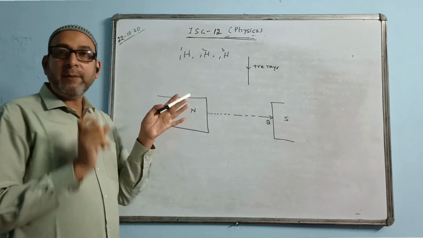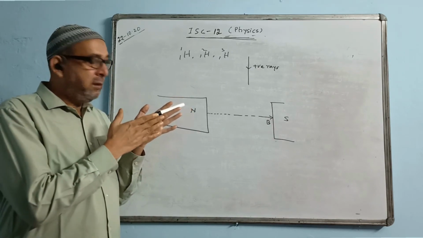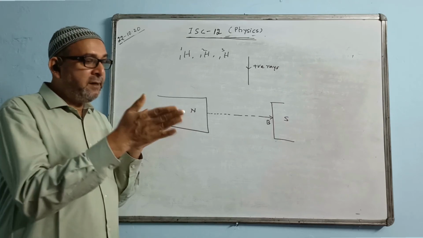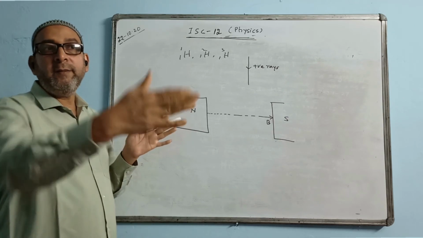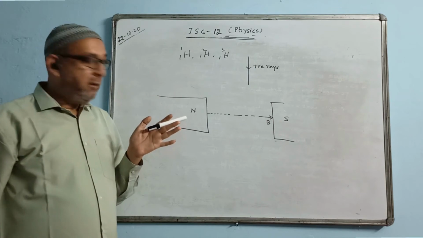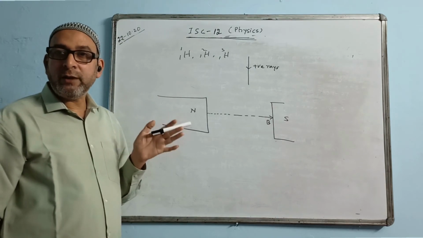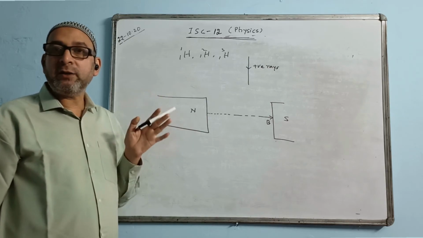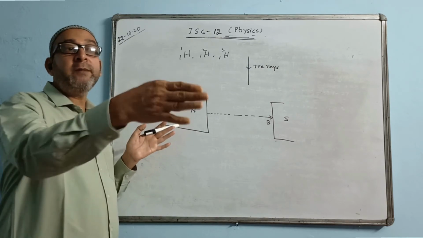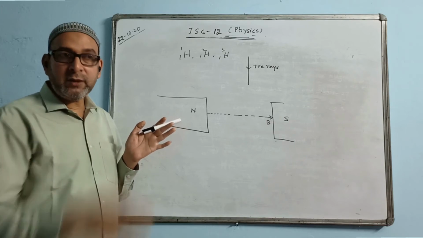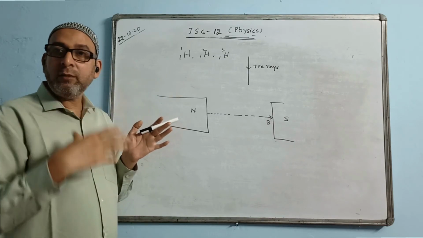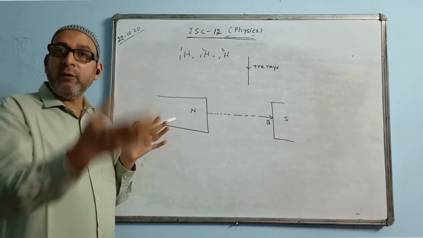When we supply current, electrons are emitted from the negative plate and go towards the positive plate. From the negative plate, the rays that come out are called cathode rays, which are negatively charged. But at the same time, rays also come out from the anode side.